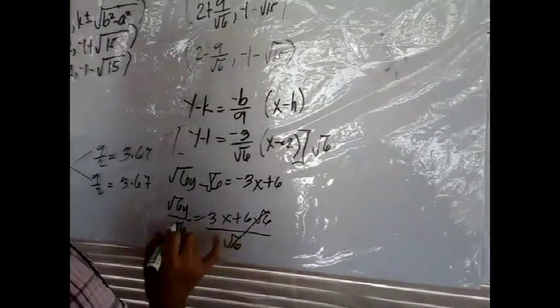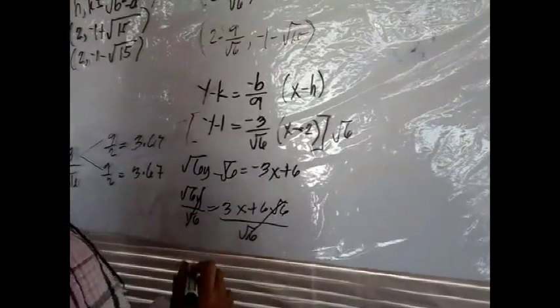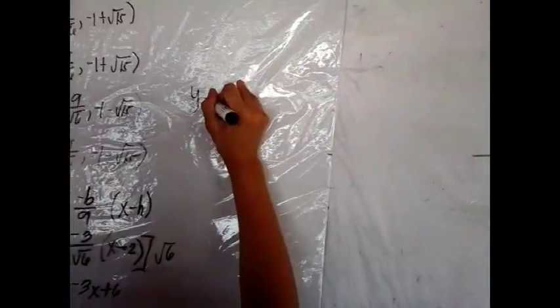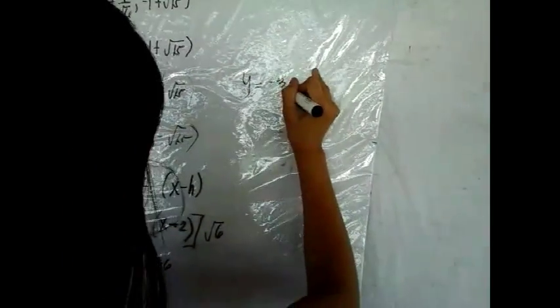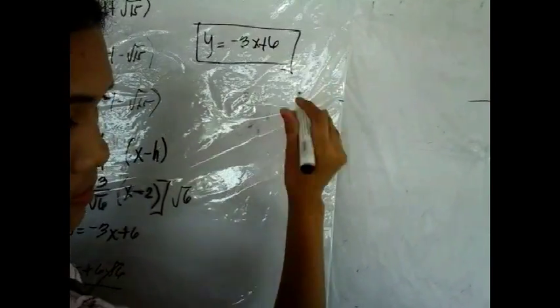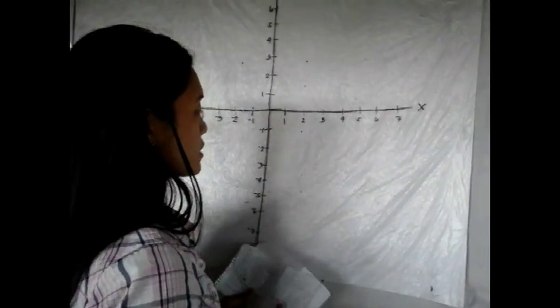We cancel out this square root of 6, so we have y is equal to 3x plus 6. And now we are going to sketch the graph.